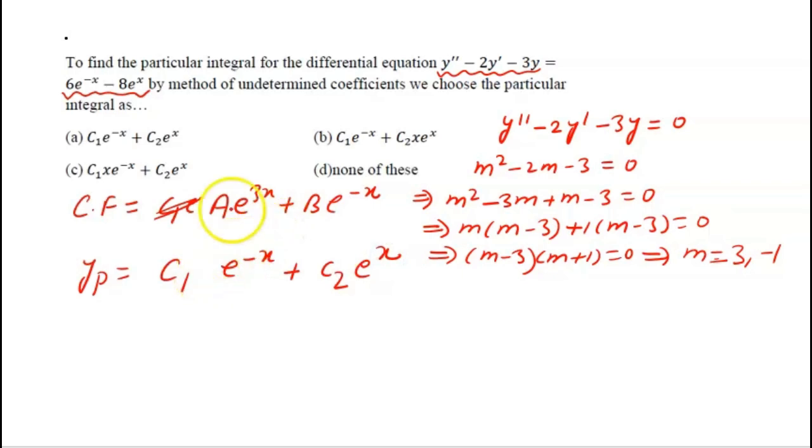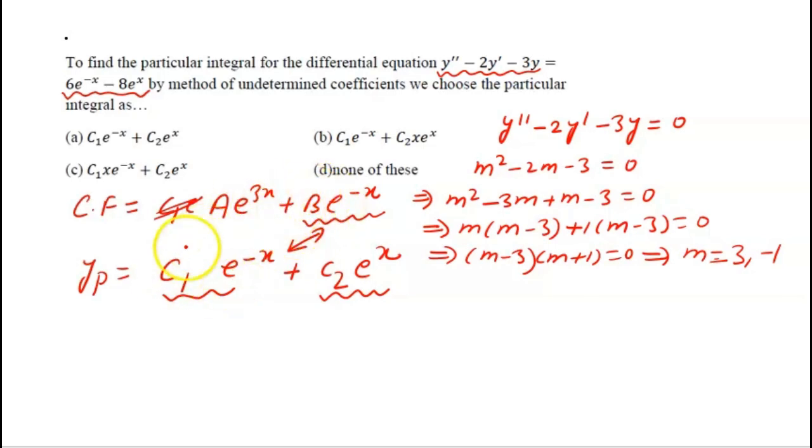Now compare these two. We don't have an e to the power x term in the complementary function, because it is e to the power 3x and e to the power minus x. So there is no problem with this term. But we do have an e to the power minus x term here, and if you compare these two terms, they are the same thing.